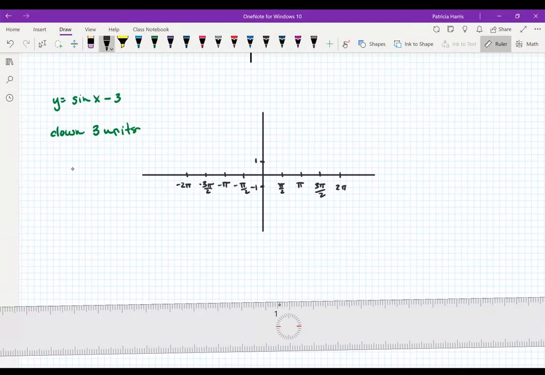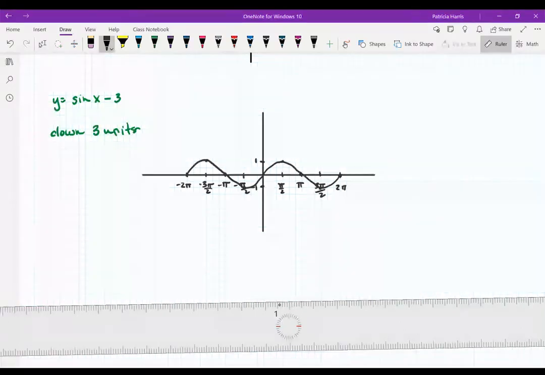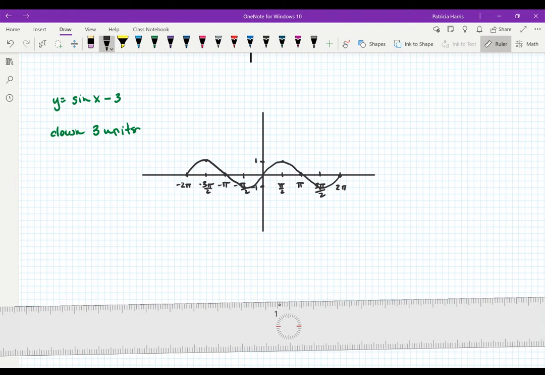Okay, so I know sine starts at 0, moves up to 1. My labeling is getting in the way of my graph. Okay, so there's my sine graph, that's my parent function. Please also remember that this can continue and does periodically cycle.